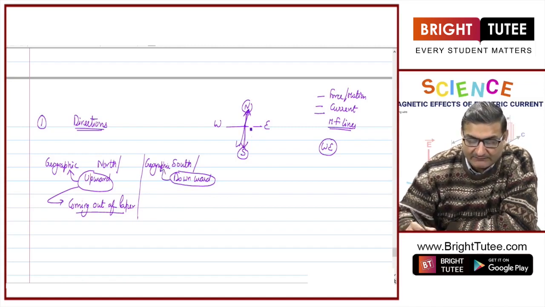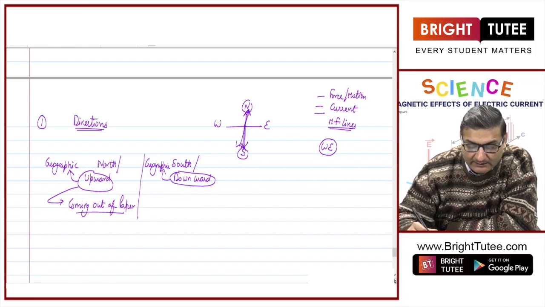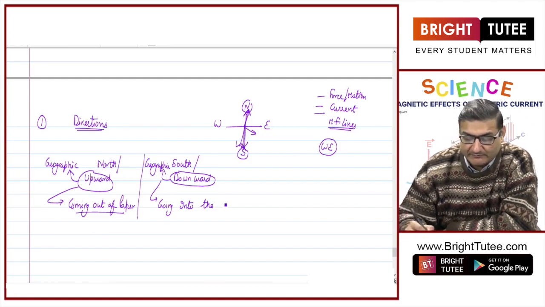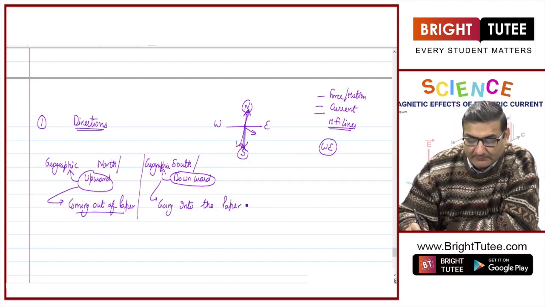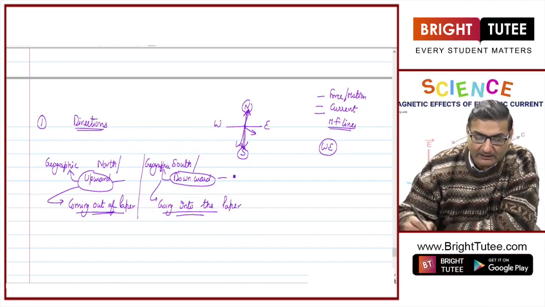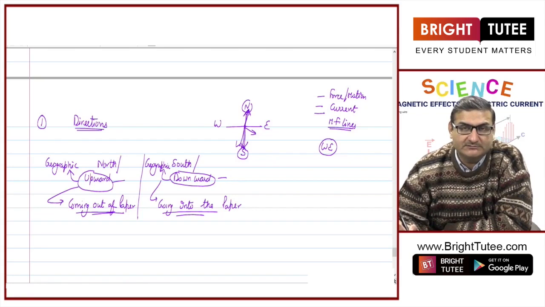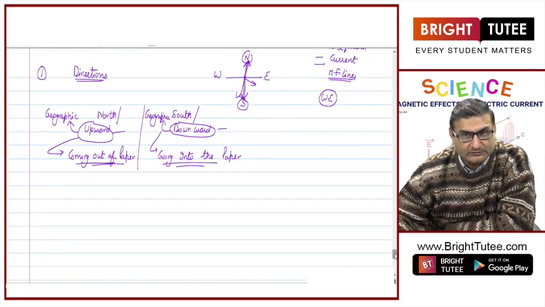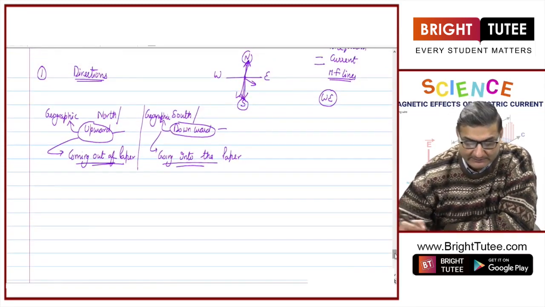One is geographic south downwards, and one is when something is going inside, so that is going into the paper. When I am talking about three dimensions on a piece of paper, then coming out of the paper and going into the paper are upward and downward directions also. This you need to remember. Got it? This is the first thing we need to remember while doing the questions that we will be attempting after this topic.